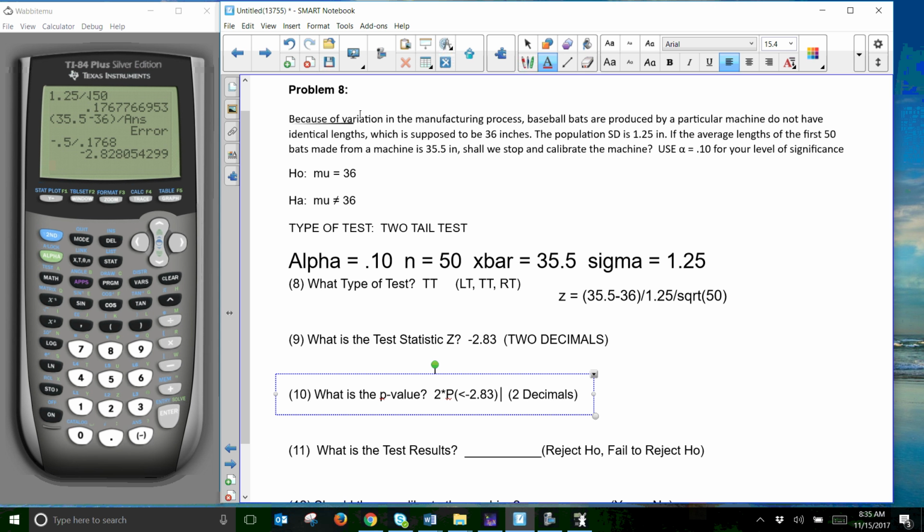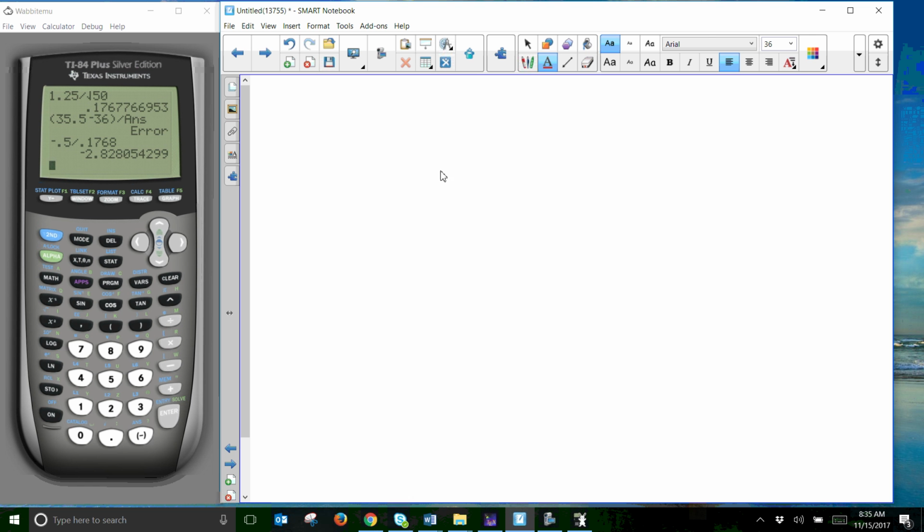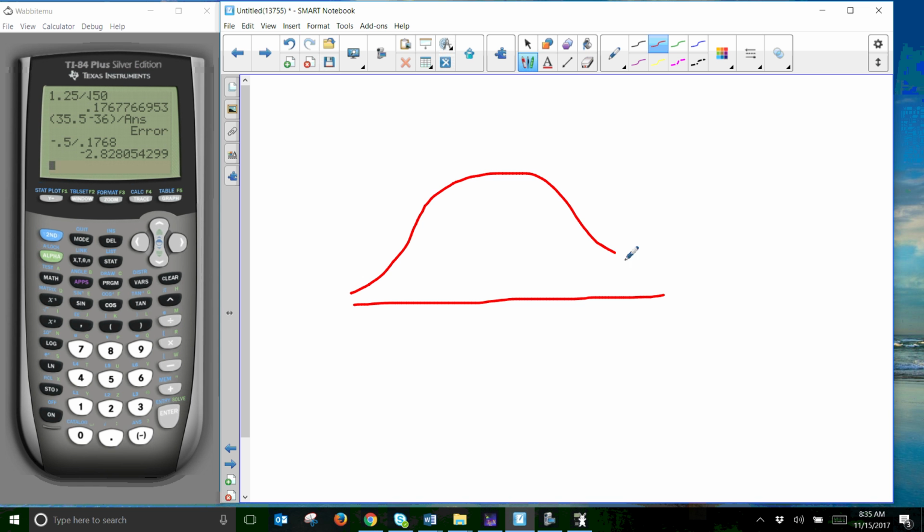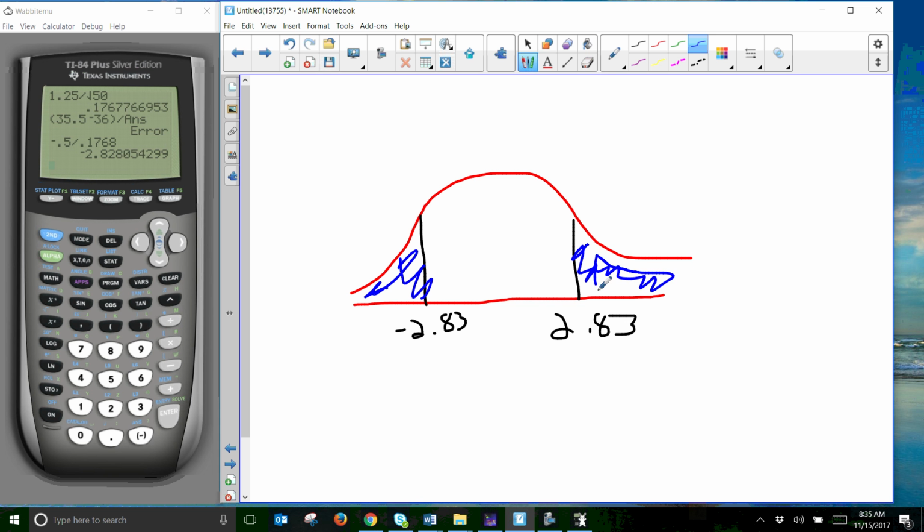Okay, just looking at the picture here, we're doing a two-tailed test, so this was a negative 2.83 and this one would be 2.83. The p-value is the area in the tails. There's two of them, and they're symmetric, so they're the same. So I could calculate either one of these and double it, right?